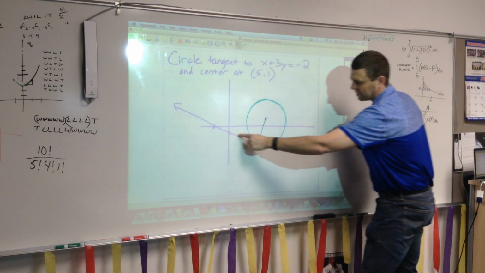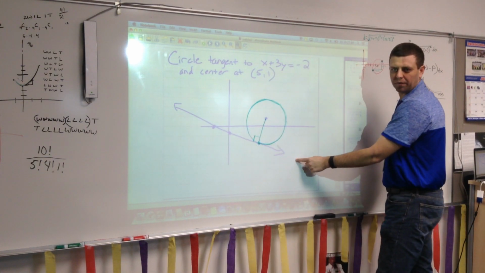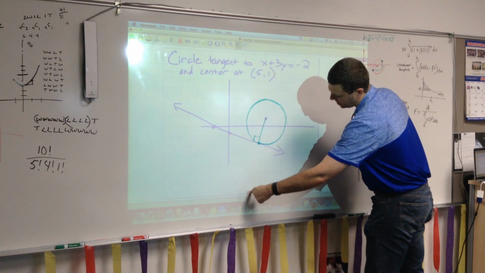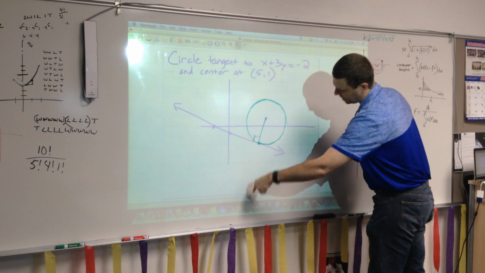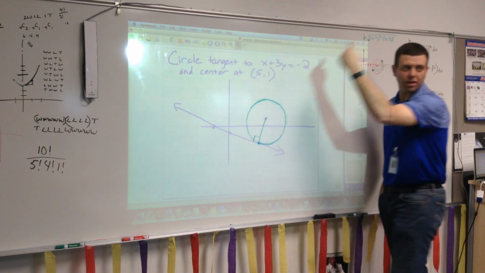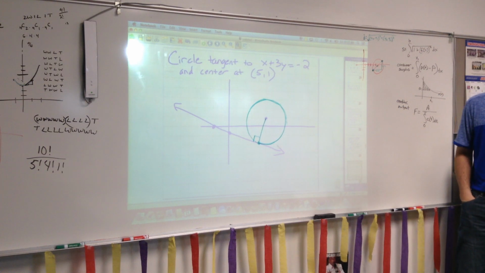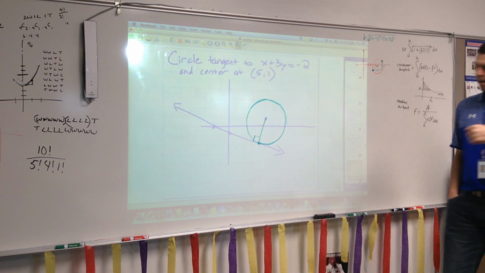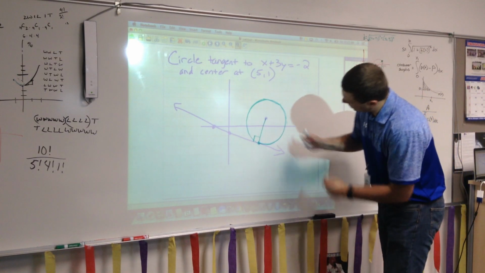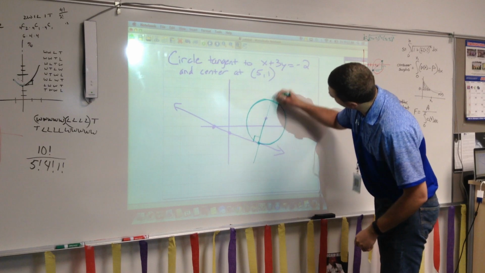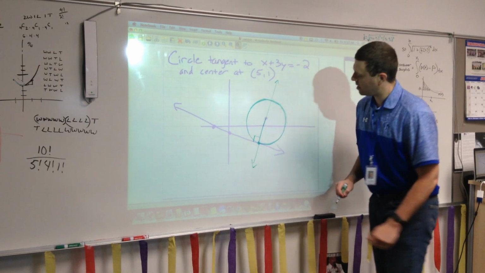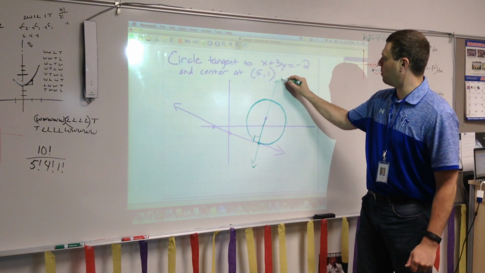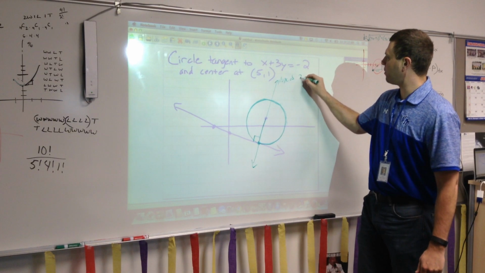If this line has a slope of -1/3, then this line right here, that's perpendicular to it, would have a slope of what? 1/3? 3/1. Positive 3, because it's the opposite reciprocal, remember? So this line right here has a slope of 3.